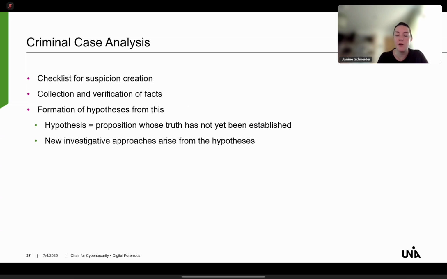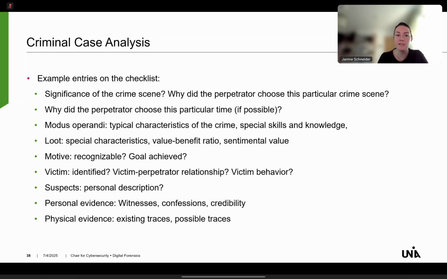But let's check out the checklist first. The checklist, as I said, is an attempt to not get misled by wrong hypotheses.